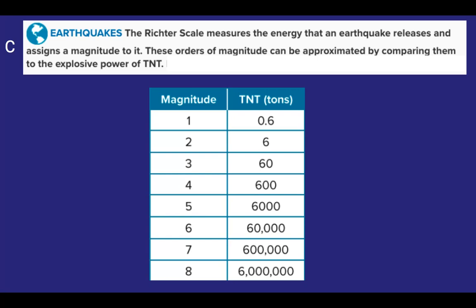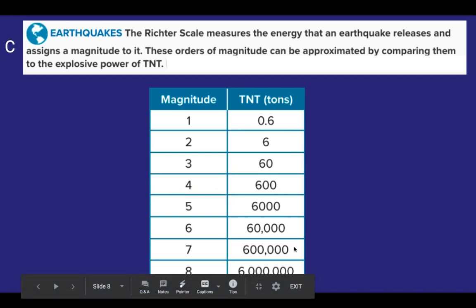If we look at this data on the table, even just visually looking at it, there seems to be a pattern visually. So what is the pattern? Linear? No, we are not adding the same thing each time to get the next TNT amount. Notice that our x coordinate, our independent coordinate being the magnitude, goes up by 1 each time.